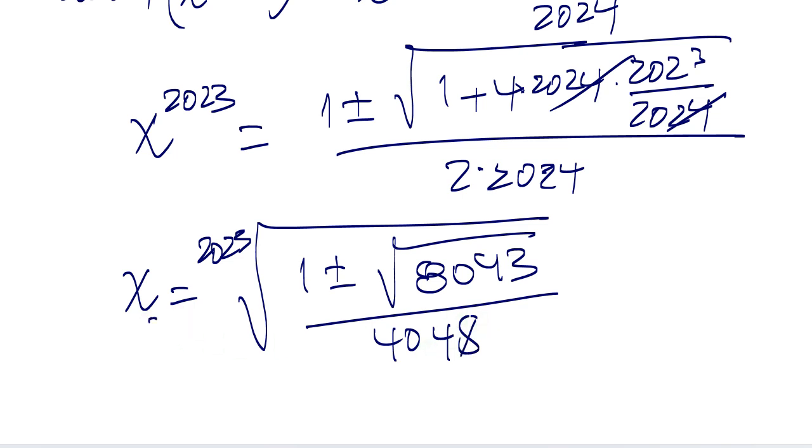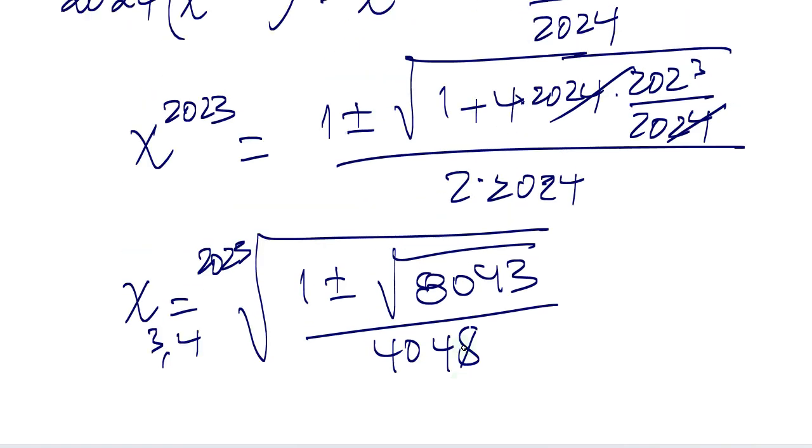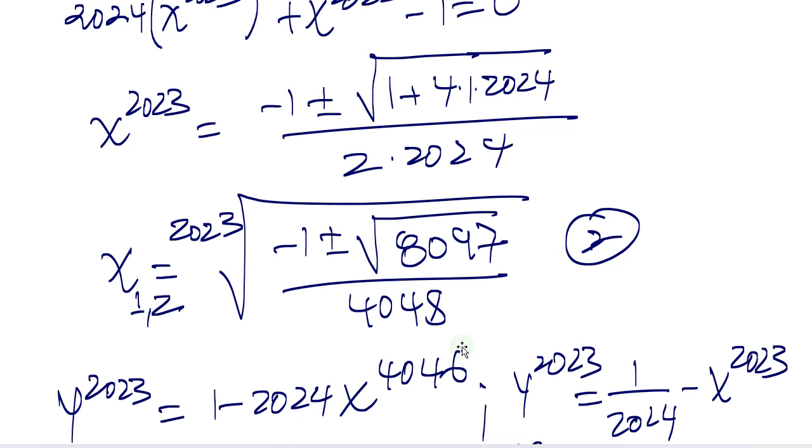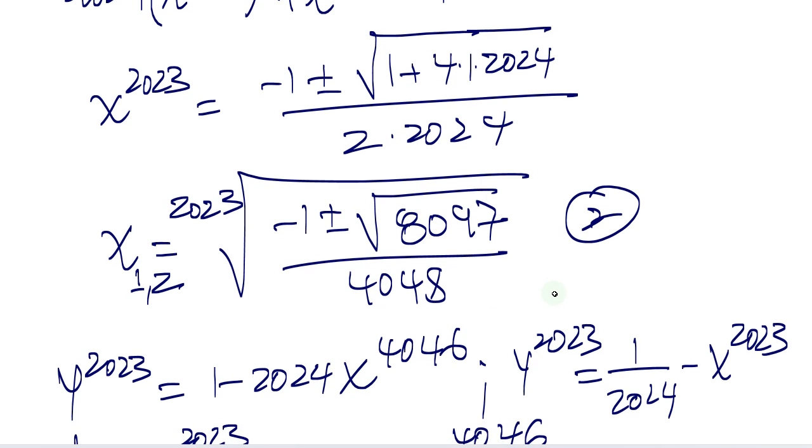So these are the values of x3 and x4. So we have 4 values of x, guys. I'm not gonna check this solution, but I've done it here, so but they are correct.